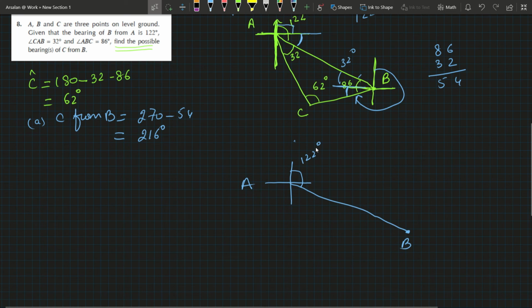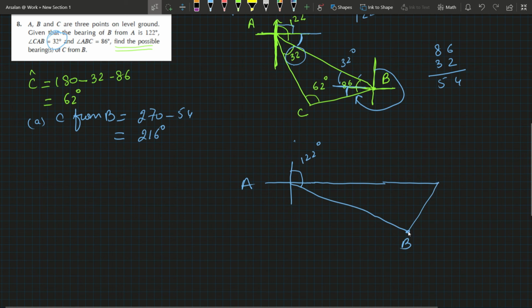Now angle BAC, or CAB, is 32, that is given in the question, right? So in the first we took 32 here in this direction, but there is a possibility that 32 will go in this direction because we don't have any other bearing, right?